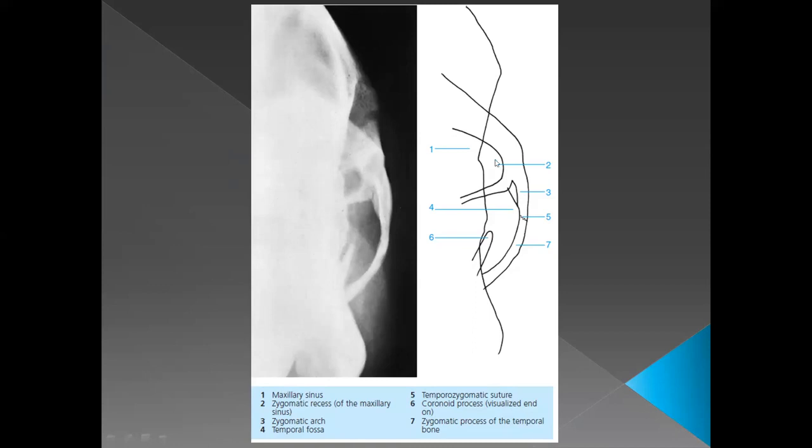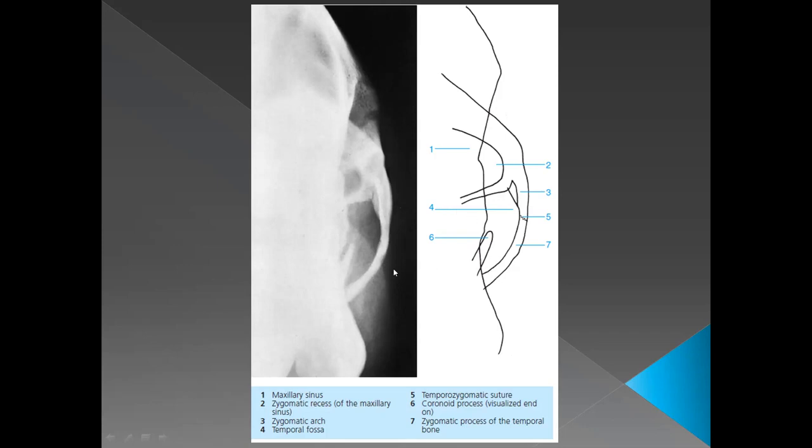So this area under the zygomatic arch, they're calling the zygomatic recess. Number 3 is your zygomatic arch, and here number 7 is the zygomatic process of your temporal bone. So that's why you find people calling it the zygomatico-temporal suture over here, or temporozygomatic suture.